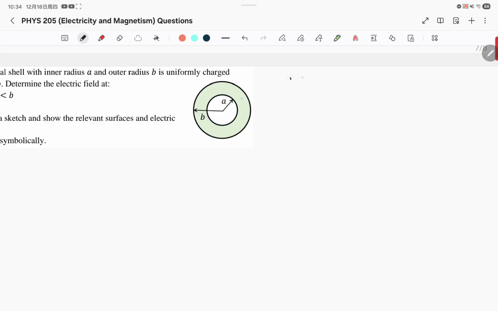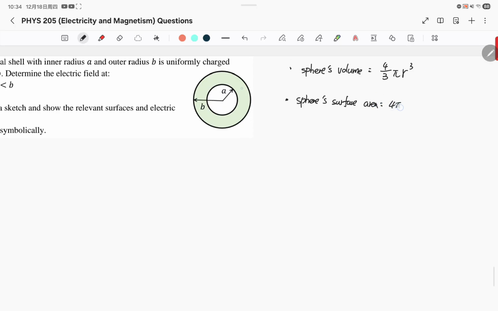First, the sphere's volume, which is 4/3 pi radius cubed, and the sphere's surface area, which is 4 pi radius squared.